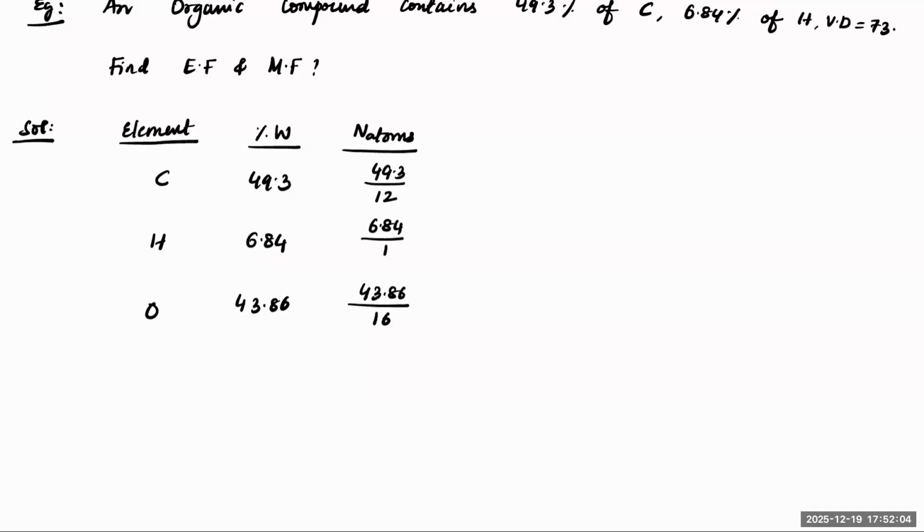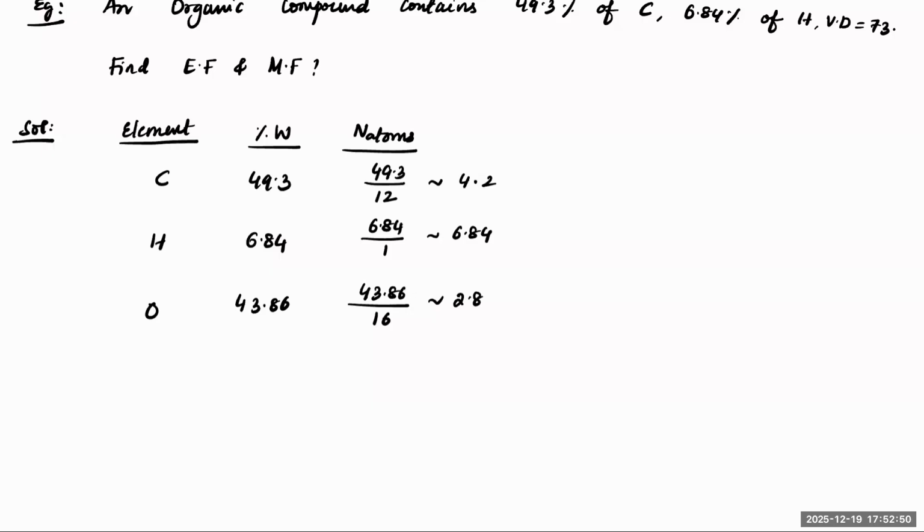Using this, you will get a certain ratio. Hydrogen comes out as 6.84. The carbon value will come close to 4.2, and 43.86 divided by 16 comes close to 2.8 something.